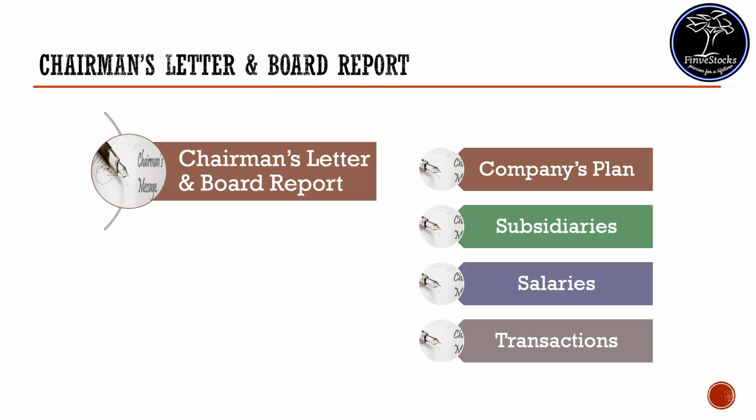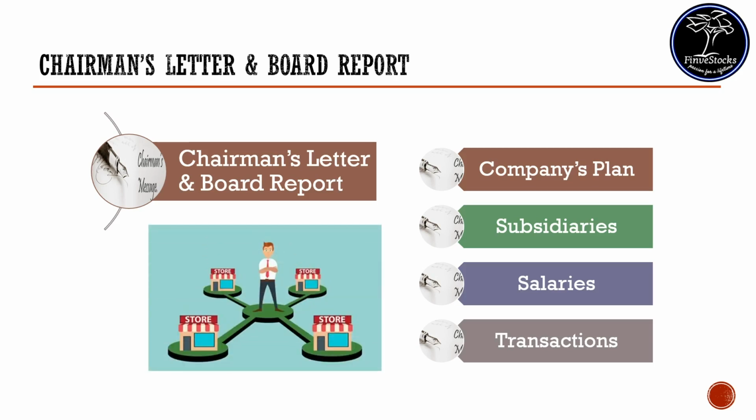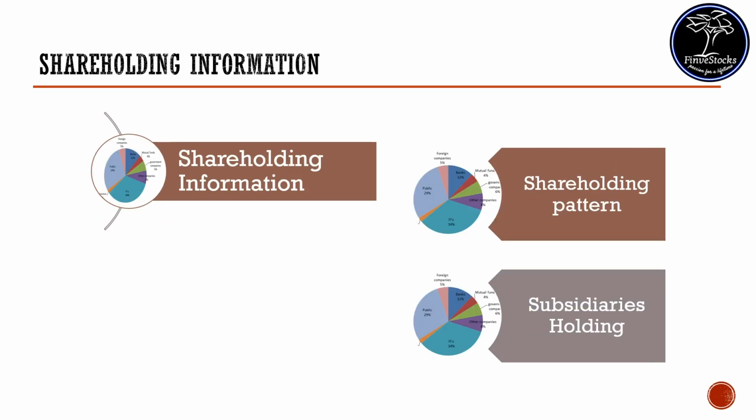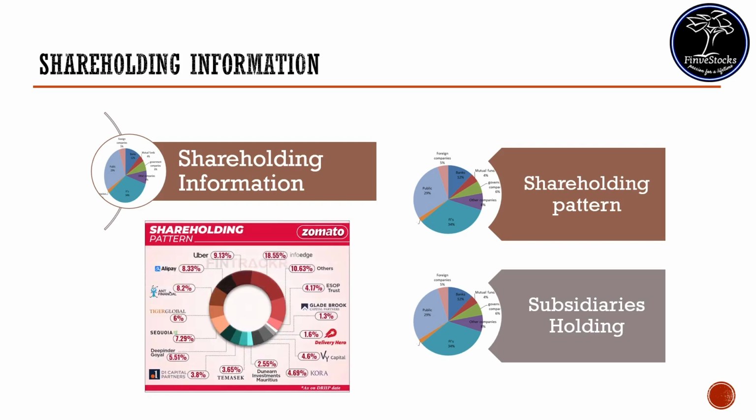Chairman's letter will normally talk about the future plan of the company. And in the board report, it will give a detailed plan about the subsidiaries, what salaries and transactions happen in the company, etc. The next one is shareholding information. Shareholding information is how the company is being purchased by various entities. For example, if you see the shareholding pattern of Zomato, there are a lot of entities that bought a part of the stake in Zomato.